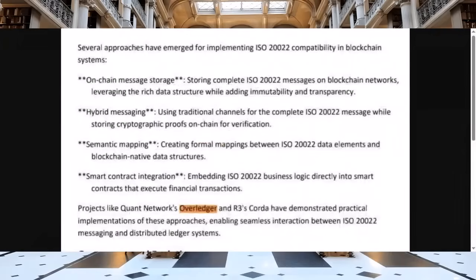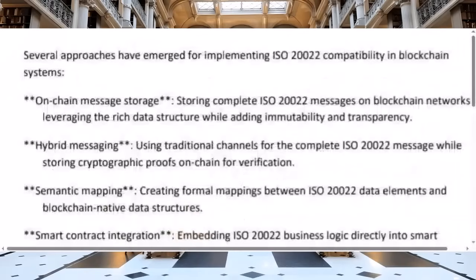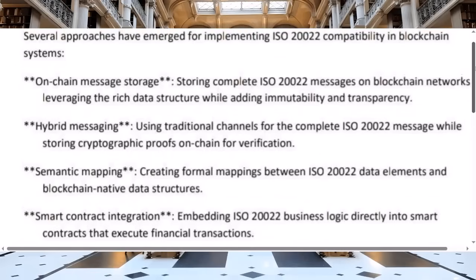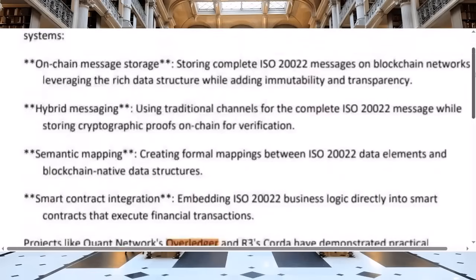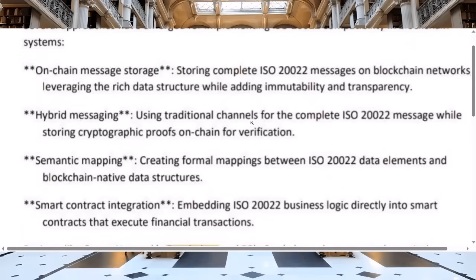The answer is yes. As I zoom in more about this and why it matters to you, it says several approaches have emerged for implementing ISO 20022 compatibility in blockchain systems. Again, this whole thing with the IEEE, where it said sign in for more. Well, thanks to Quant Papa, he gave us the more. For one, on-chain message stores, storing complete ISO 20022 messages on blockchain networks.